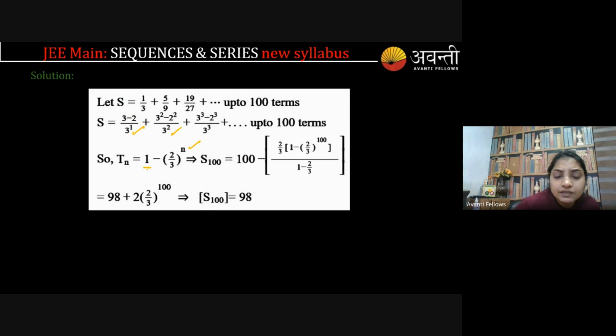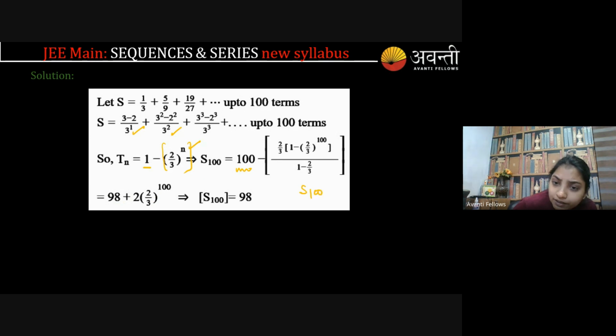So if I take the sum up to 100 terms, 1 will be added 100 times, so I will get 100. When you calculate it, or you can just solve this sum, you get 98 plus some value.